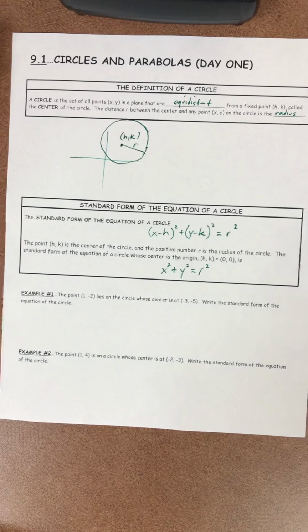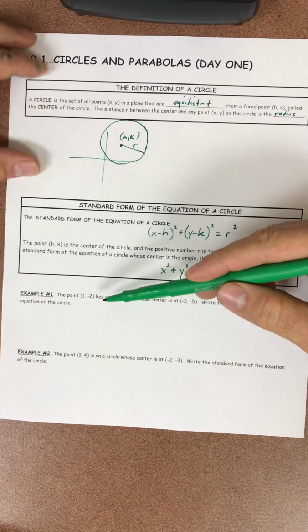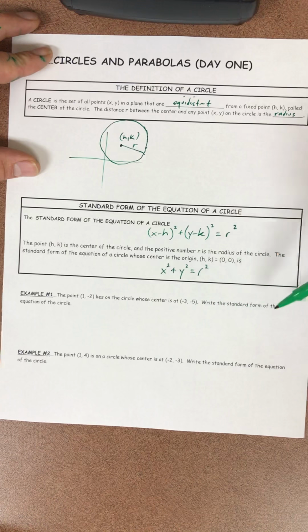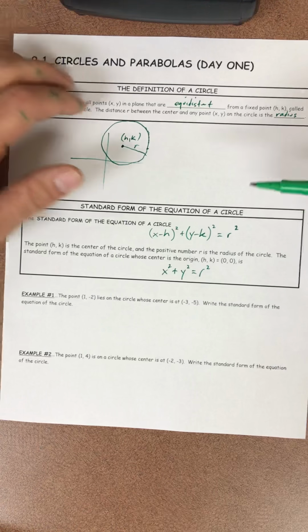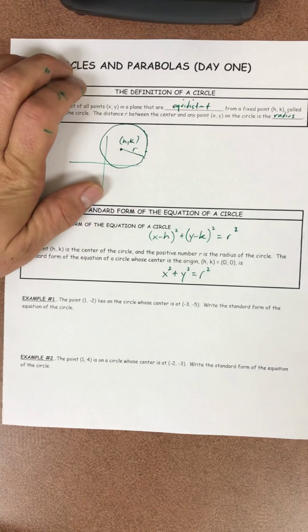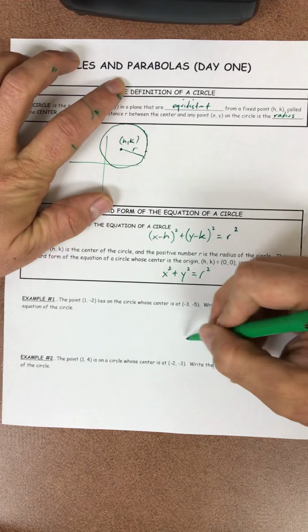Okay. So example number one, the point 1 comma negative 2 lies on the circle whose center is at negative 3 comma negative 5. Find the standard form of the equation of the circle. First thing that I would recommend that you guys do on these is just draw yourself a quick picture.